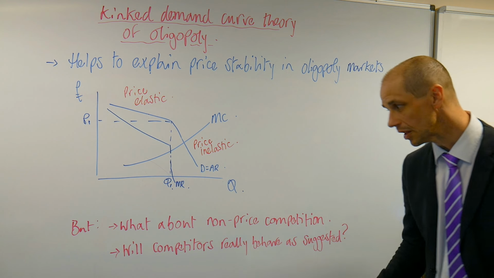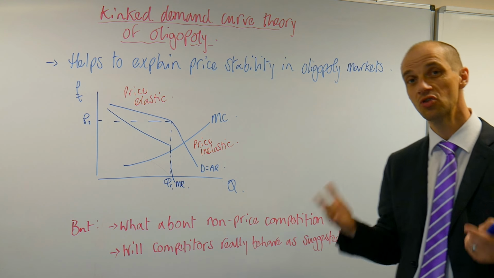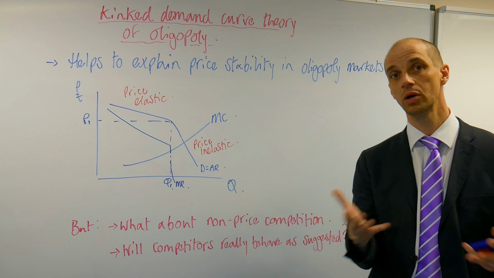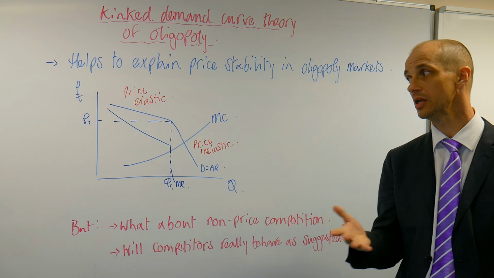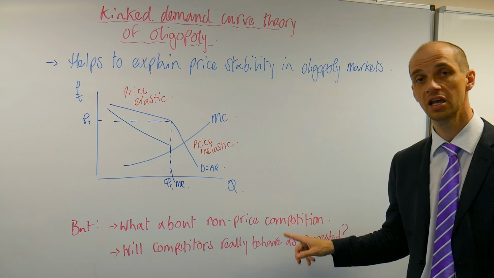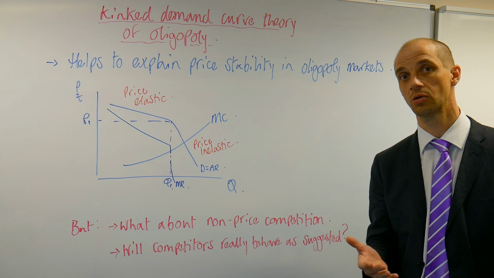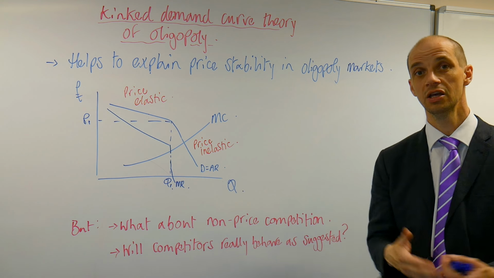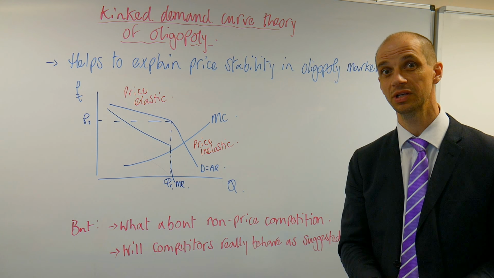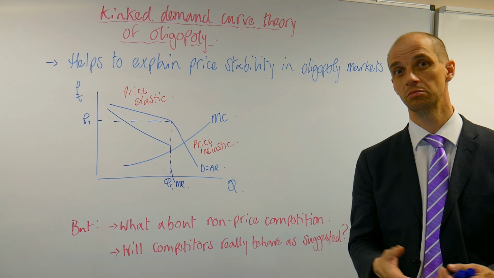And will competitors really behave as suggested? There is a deeper question there, particularly given that no non-price competition is considered here. This model just helps us to understand why prices might be stable overall in a given marketplace.